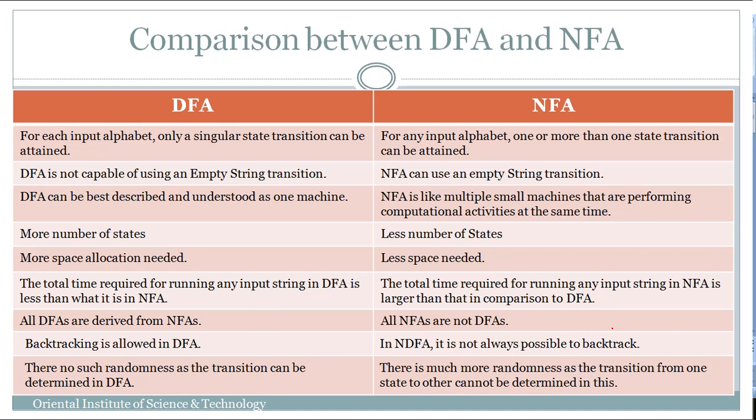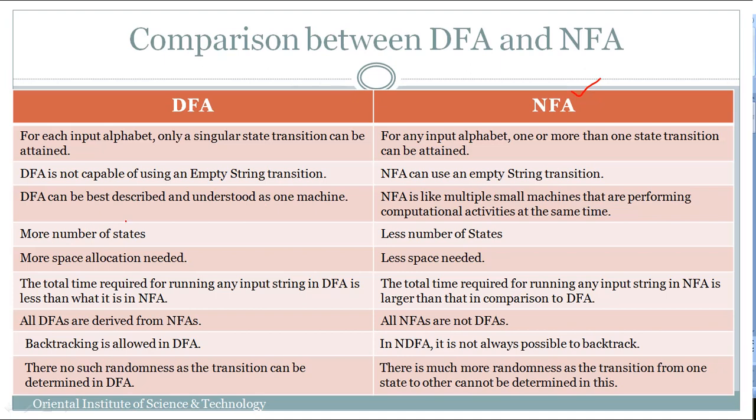One more thing: DFA is not capable of making a transition on an empty string input. If you are not having any input and your machine can make a transition, this is only possible with the NFA, not with the DFA.